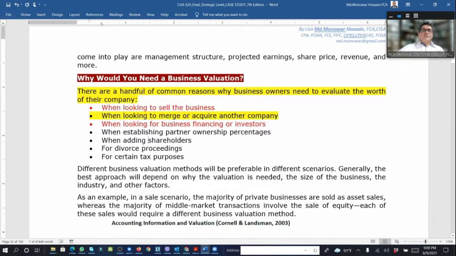For example, if you go to a bank for a loan, sometimes banks give loans against collateral, and sometimes against a corporate guarantee. So what is a corporate guarantee?